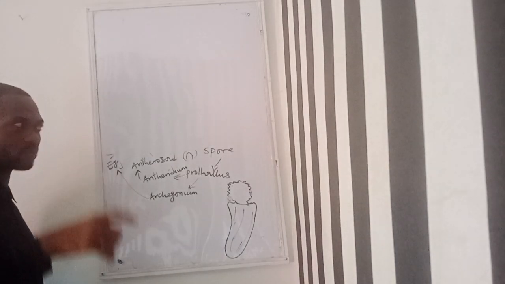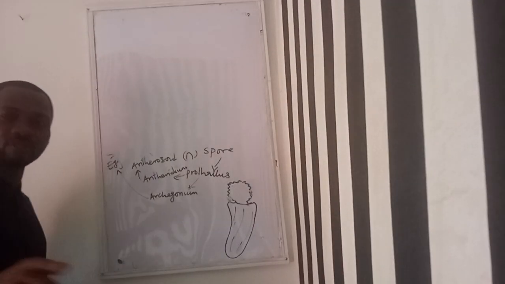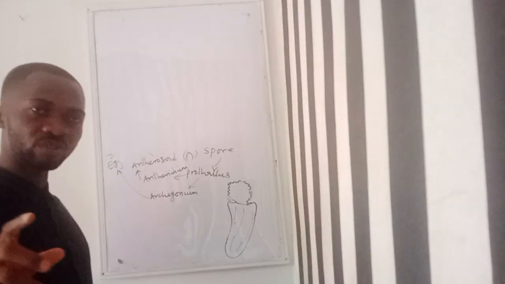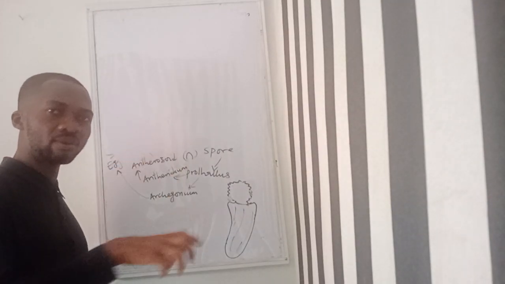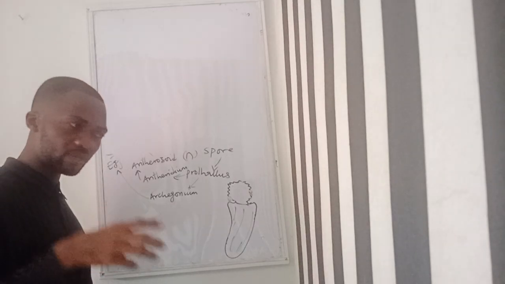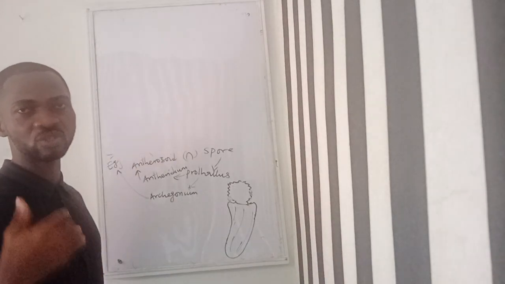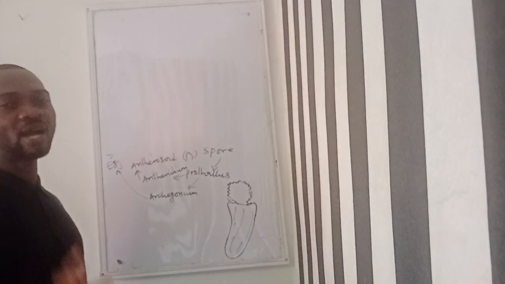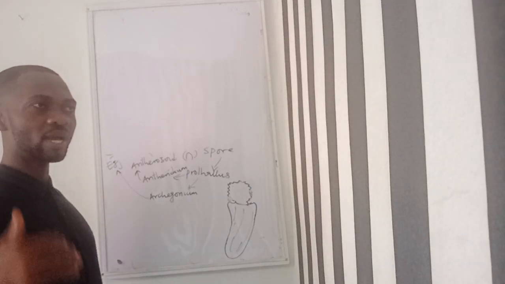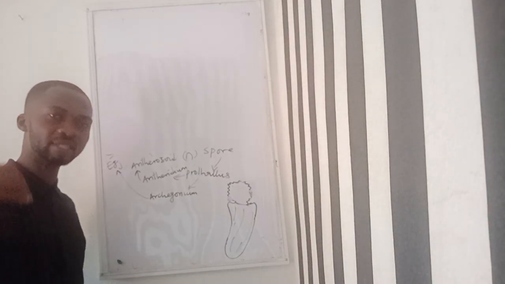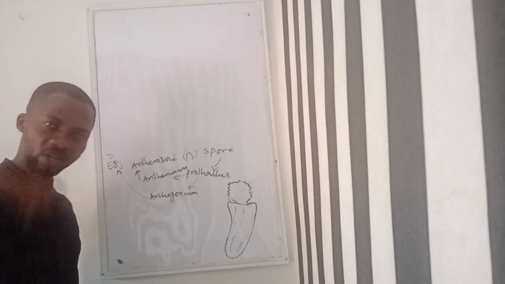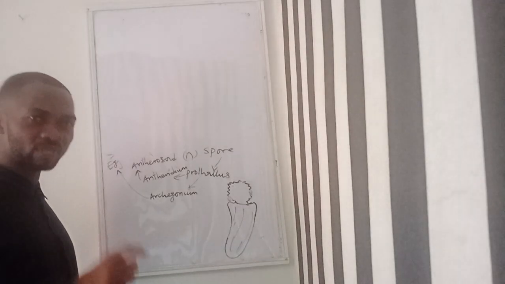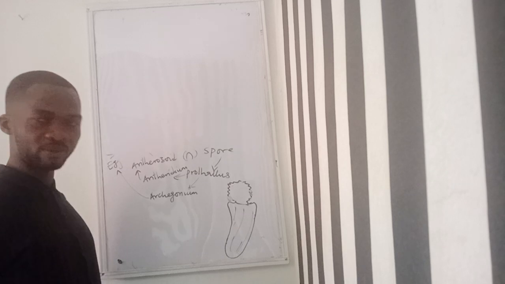The zygote undergoes successive divisions. These successive divisions will now result in the formation of two different kinds of cells, the outer cell and the inner cell. The outer cell will now result in the formation of what we call the suspensor cell that has no particular function, and the embryonic cell. The embryonic cell again will now undergo divisions to form two tiers of four different cells.